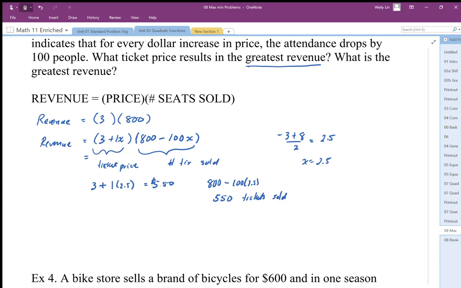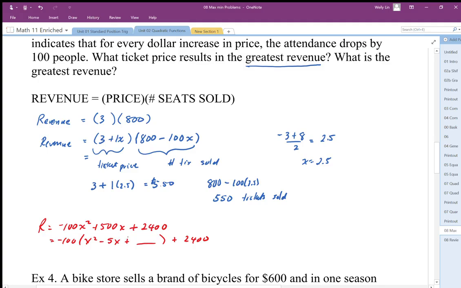I can do it an alternative way by completing the square. So R is equal to, when I multiply this all out, negative 100 x squared plus 800 minus 300, so plus 500 x, and then plus 2,400. Now I can complete the square.